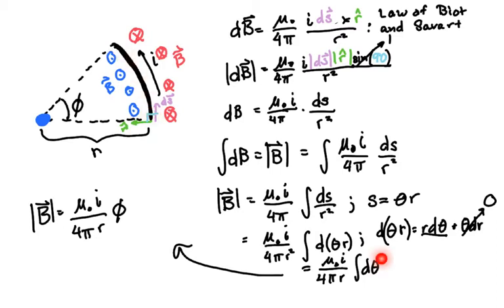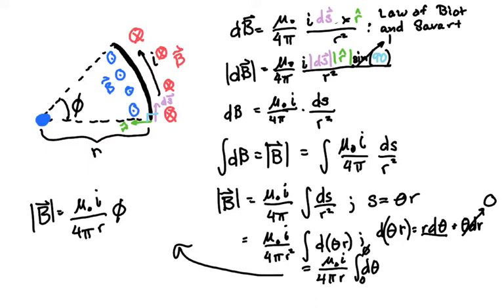That's because the integral of d theta is just theta, where our initial is 0 and our final is phi, and we can put that in our limits of integration here from 0 to phi. And that's how you derive the strength of the magnetic field for a circular arc.